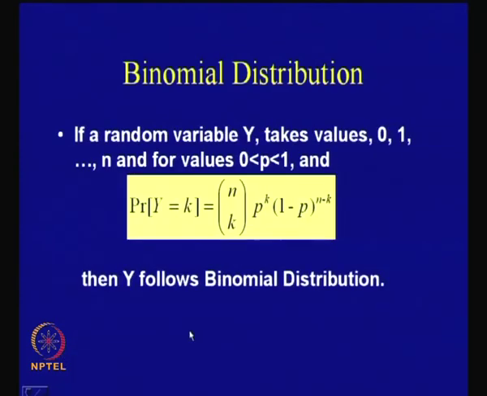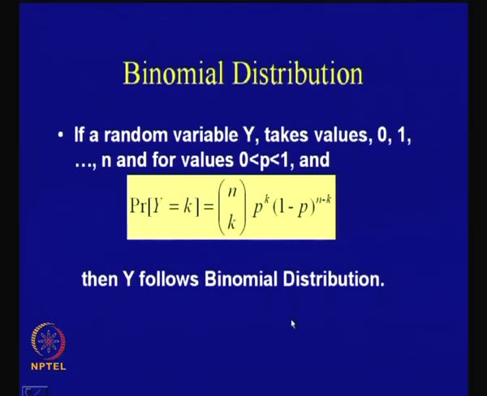So the random variable y can take values from 0 to n, and for p lying between 0 and 1, the probability that y is equal to k, which means that there are k successes, is given by n choose k, p to the power of k multiplied by 1 minus p whole to the power of n minus k. If this random variable satisfies this probability distribution, then we say that y follows binomial distribution, and this is a very common and useful distribution.